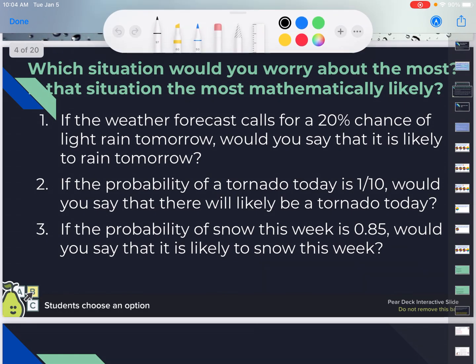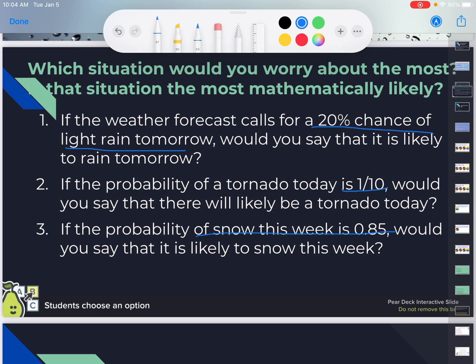The weather forecast calls for a 20% chance of rain tomorrow. The probability of a tornado is 1 in 10. The probability of snow this week is 0.85. So I need to convert all of these into percents, decimals, or fractions so I can compare them.